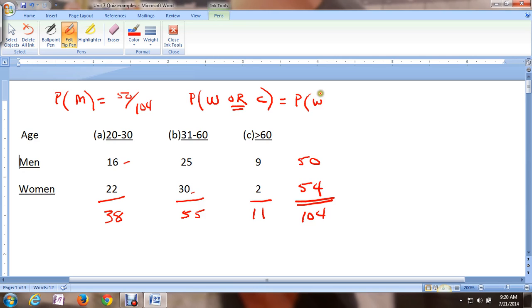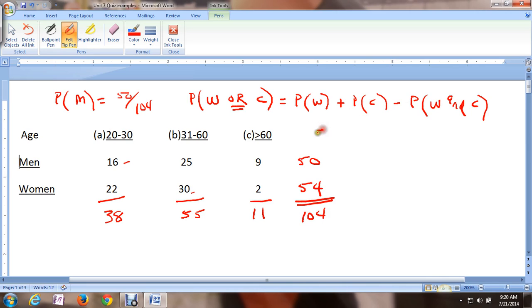We find out what's the probability we picked out a woman plus the probability we picked out someone greater than 60 years of age minus the probability that the person we picked out was a woman and someone who was older than 60. The reason we include this last term is because if we don't, then we're going to be double counting.